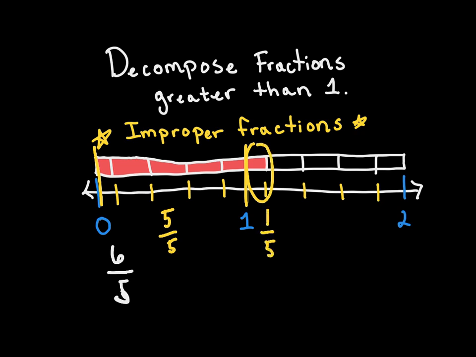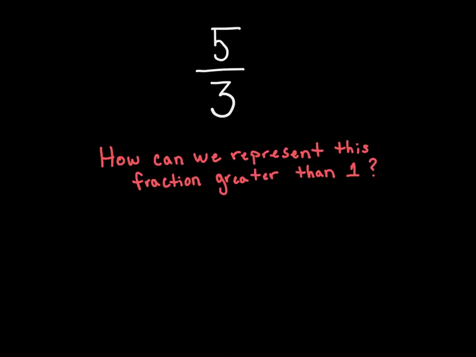So 5/5 plus that one extra fifth is going to give us 6/5. That's why it's greater than 1, because you're past this part that represents one whole. This section represents one whole, but we're going to go up one higher to make it an improper fraction of 6/5.